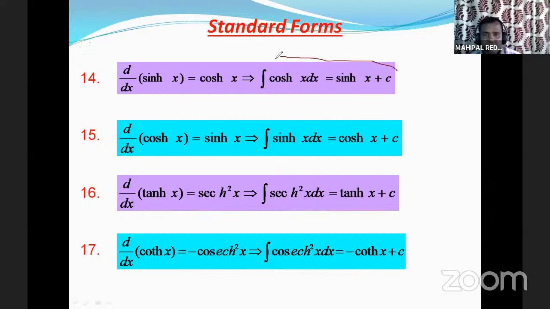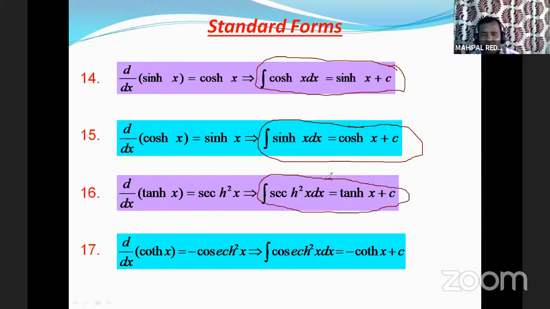So the integration of cosh hyperbolic function is sinh hyperbolic function. That is, the integration of cosh x equals sinh x, the integration of sinh x is cosh x, the integration of sech square x equals tanh x, and the integration of cosech square x equals minus coth x plus c.